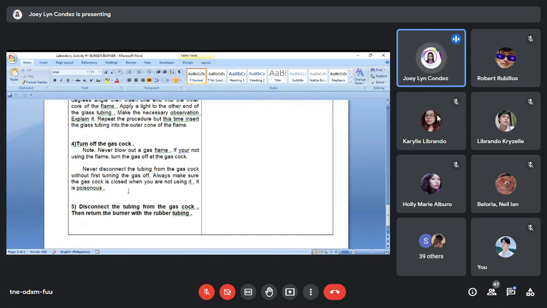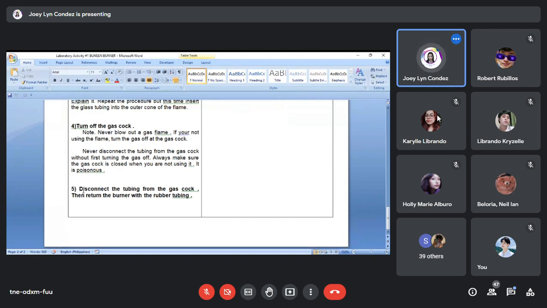Okay? We need to turn off everything first. Turn off the gas of the burner. Always make sure the gas is closed when you are not using it, since this is poisonous. After everything, disconnect the tubing from the gas cock, then return the burner with the rubber tubing to the working student.